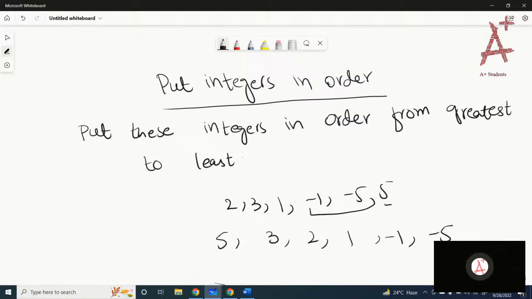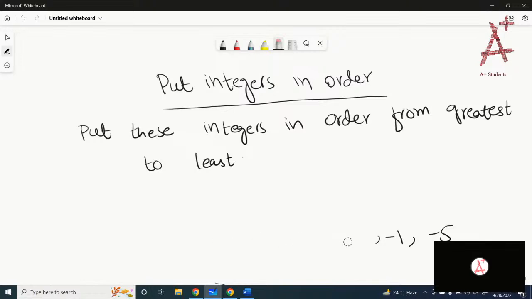Okay, the next one is put these integers in order from greatest to least, and the numbers are 2, -1, 2, -1, -2, -3. You have to arrange them from greatest to least. So you have to write positive numbers first.